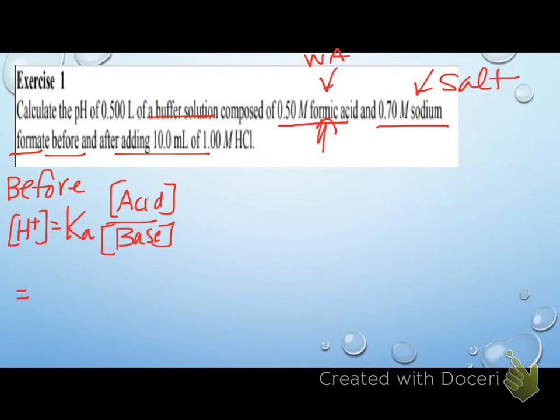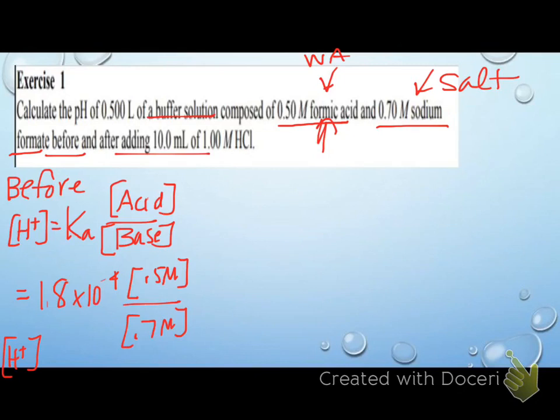Oh, it's up above, right above it, the Ka of formic acid: 1.8 times 10 to the negative 4 times your concentration of 0.5 over 0.7. And we get a hydrogen concentration of 1.29 times 10 to the negative 4. So we take the negative log.